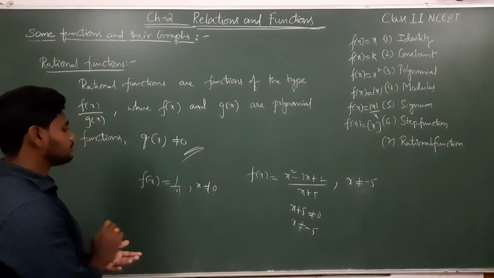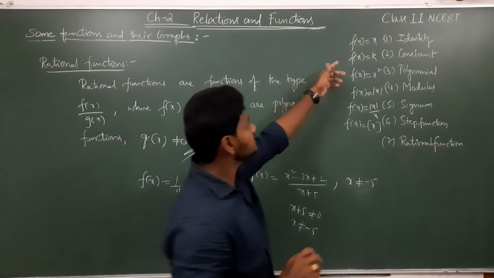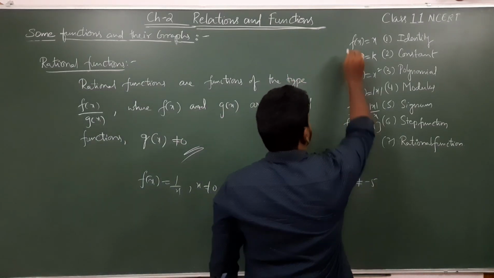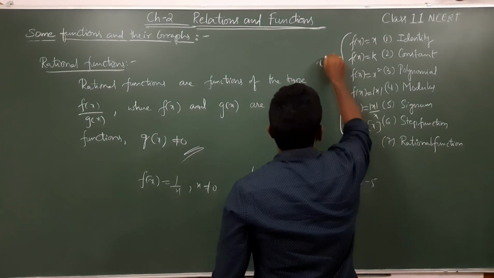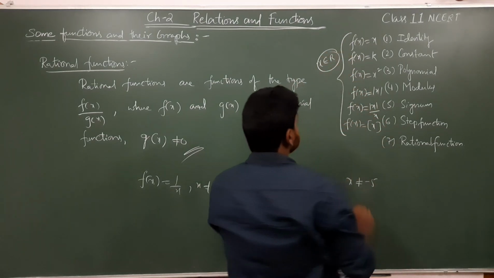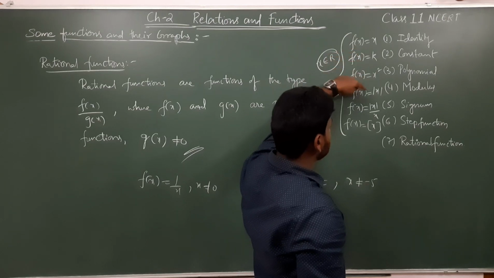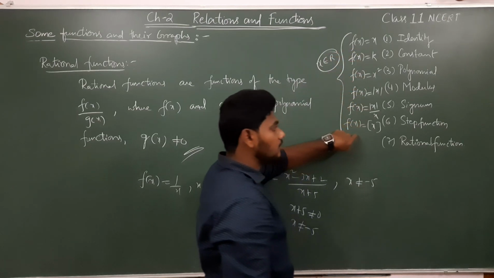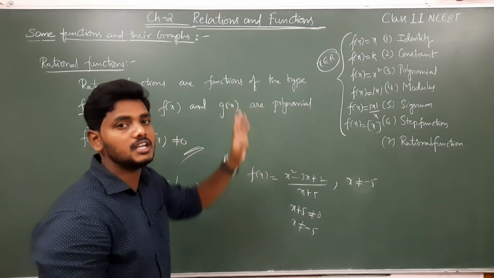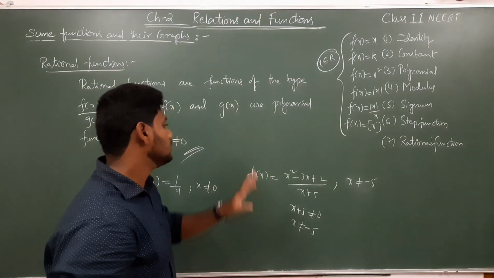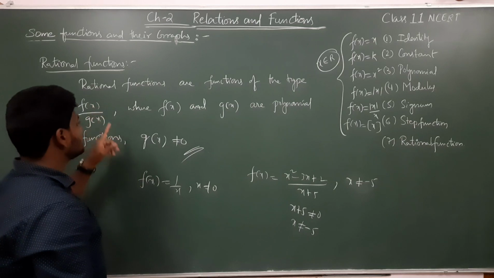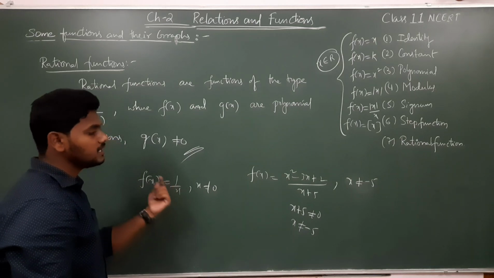Now if you observe all these functions, x belongs to R. That means in identity function, constant function, polynomial, modulus, signum function, and also for step function we can substitute any real number. It may be positive, negative or 0. But when it comes to rational functions, the denominator should not be equal to 0.